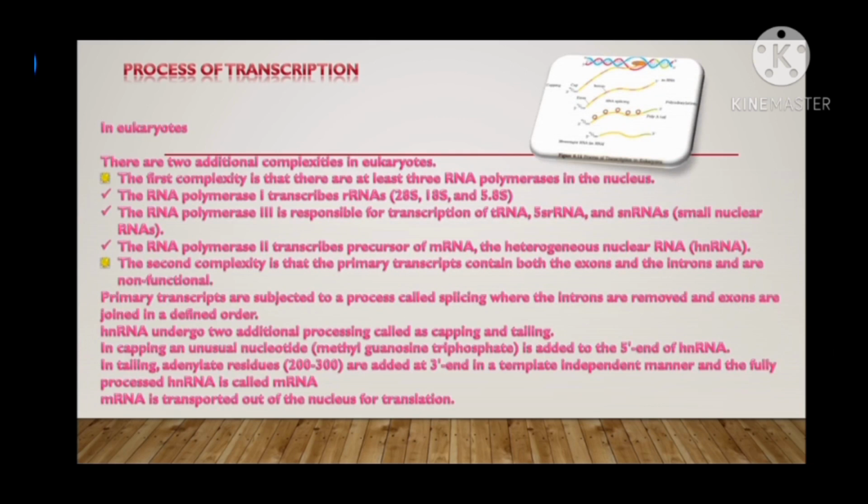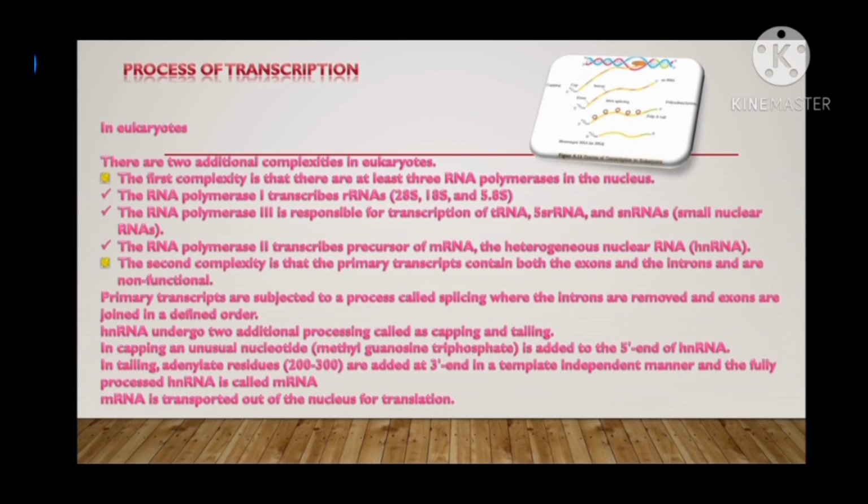Now about the transcription process. Whatever we have discussed is in general for any transcription process, but children, it has been observed that in eukaryotes there are certain additional complexities which are not present in the prokaryotes. So let us see what these additional complexities are.